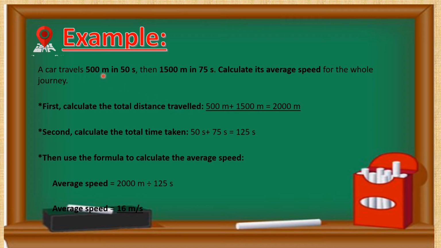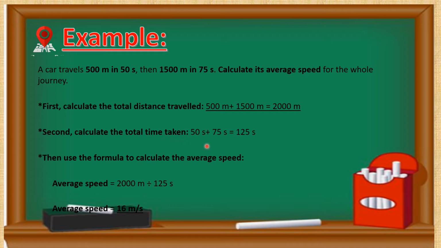Because the unit is in meters. So here is the first distance, 500 meters, plus another distance, 1,500 meters. So 500 meters plus 1,500 meters is equal to 2,000 meters. Then the second thing that you're going to do is calculate the total time taken.